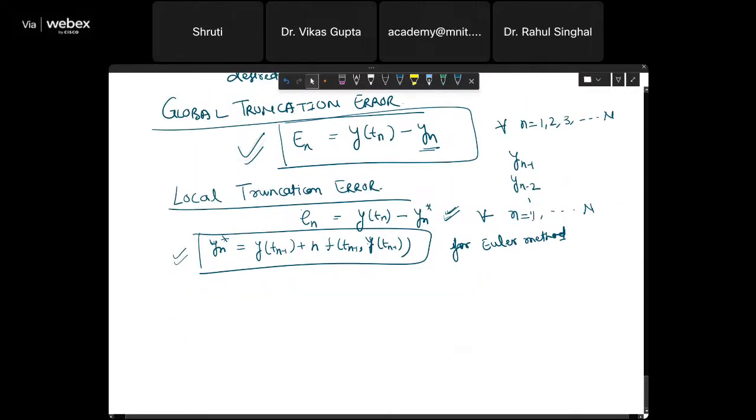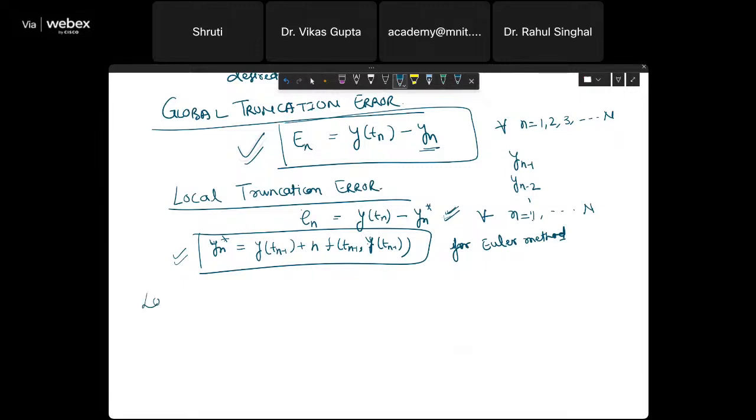Okay, so let's see the local truncation error for the Euler method first.